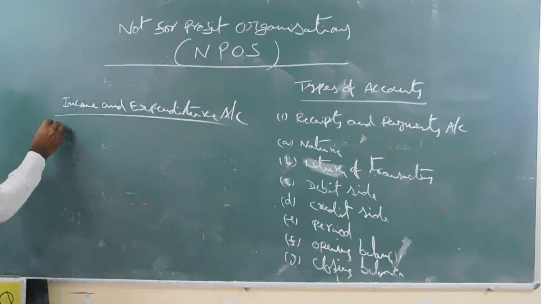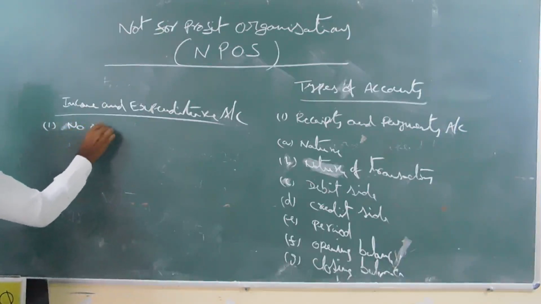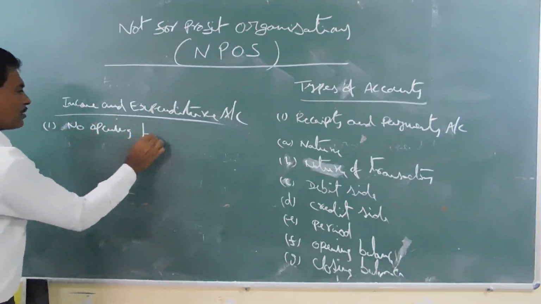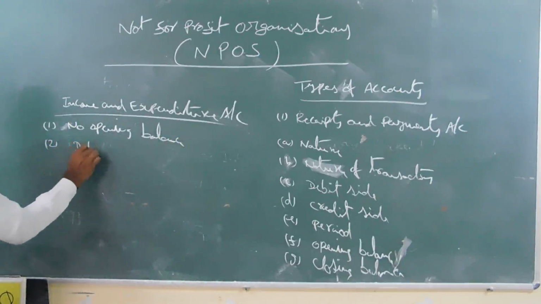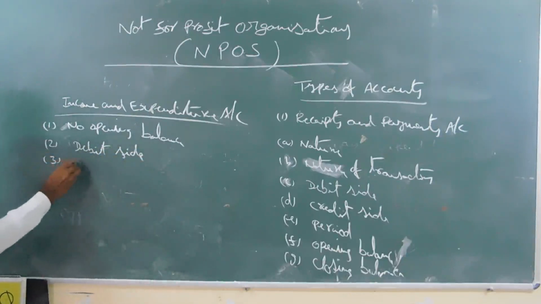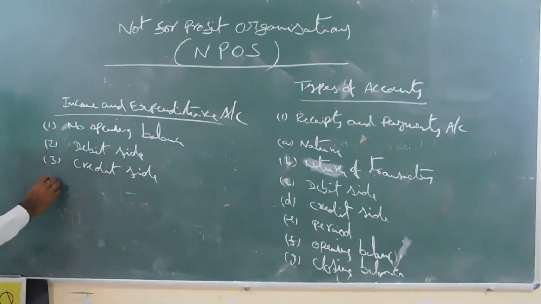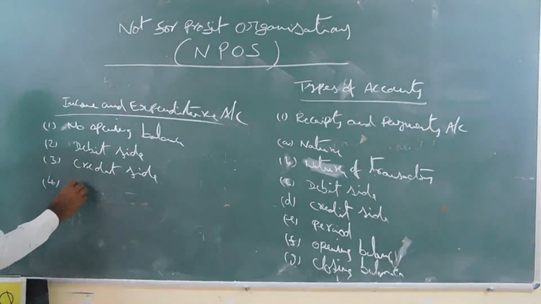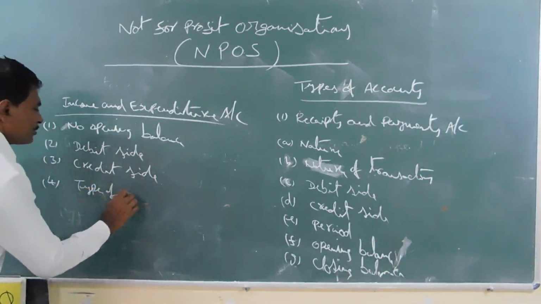The following are the features. First one, no opening balance. Second one, debit side. Third one, credit side. Fourth one, type of items.